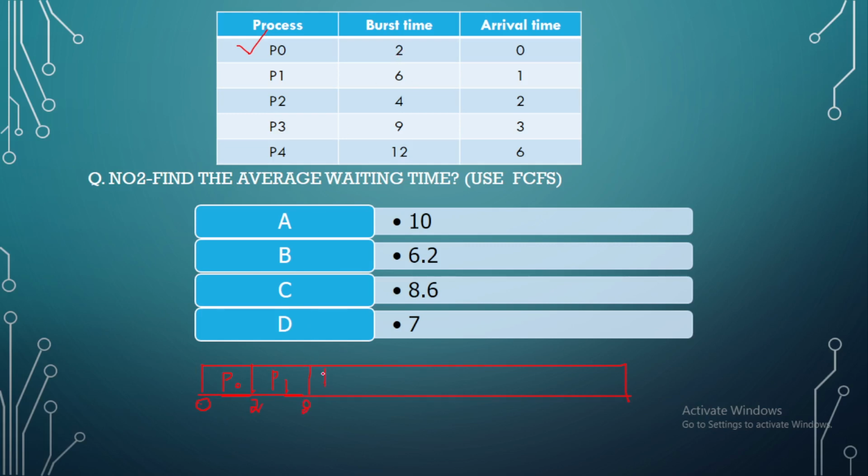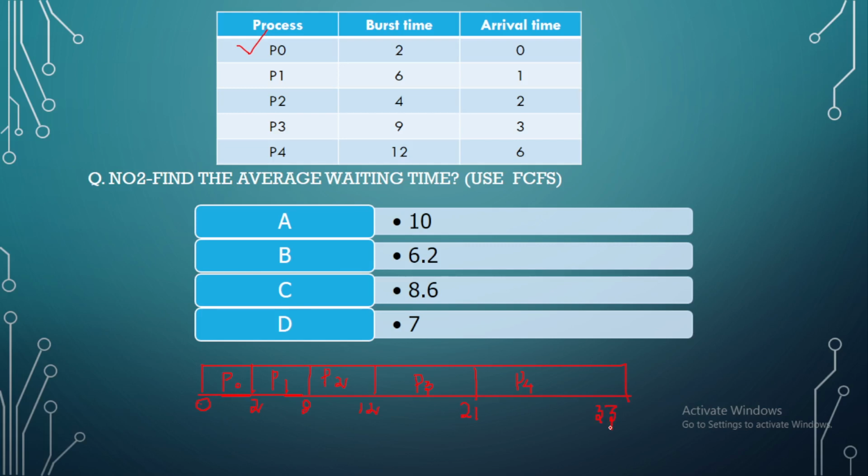Then P2 starts its execution and runs for 4 nanoseconds. 8 plus 4, 12. Then P3 starts and runs for 9 nanoseconds. 9 plus 12, 21. Then P4, the final process, starts execution and runs for 12 nanoseconds. So 21 plus 12, 33. This is the Gantt chart for the given question.